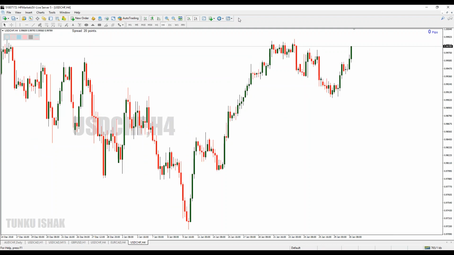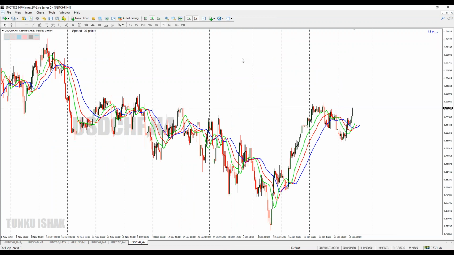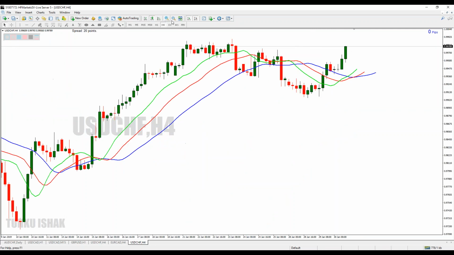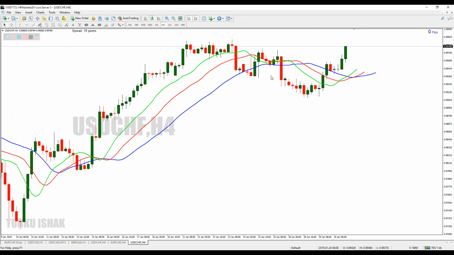This is the blank chart. If we add the Alligator, this is the Alligator indicator. Based on our understanding, let's see what is happening now.